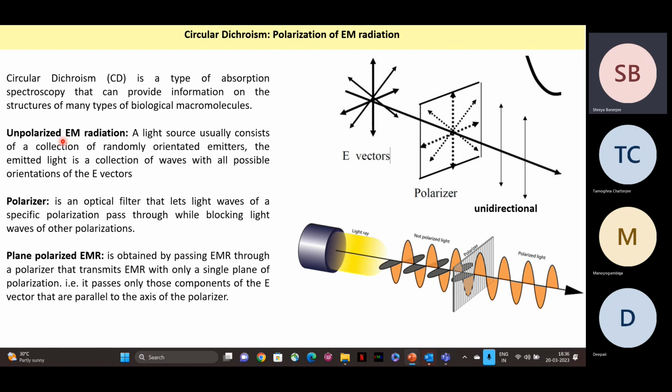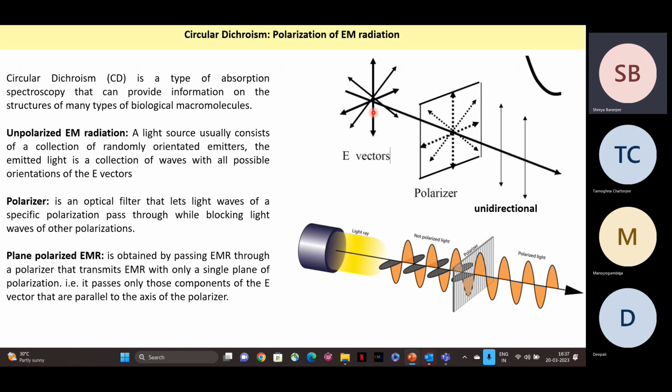First is unpolarized electromagnetic radiation. A light source usually consists of a collection of randomly oriented emitters. That is, the emitted light is a collection of waves with all possible orientations of the electric vector. We know that electromagnetic radiation has an electric field as well as a magnetic field.